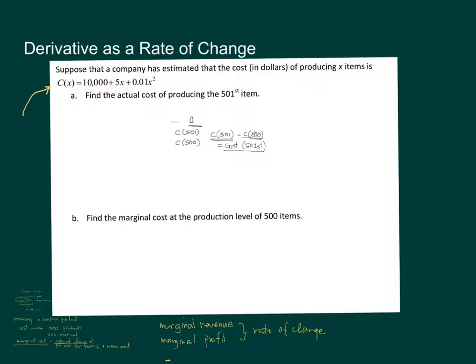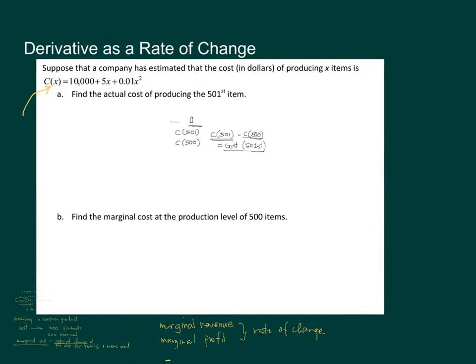C(501) is equal to 5,115.01, and C(500) is 5,100. So subtracting the two will give us the cost of producing the 501st item, which is simply 15.01.